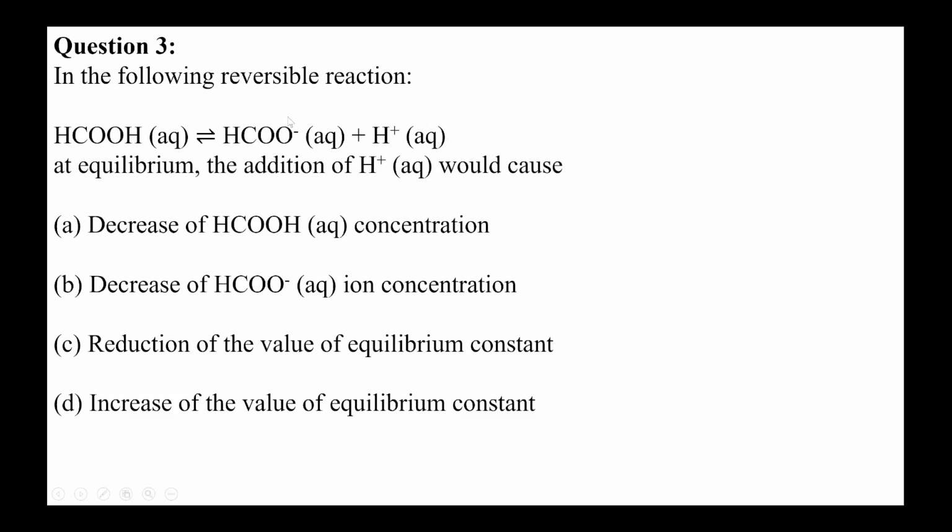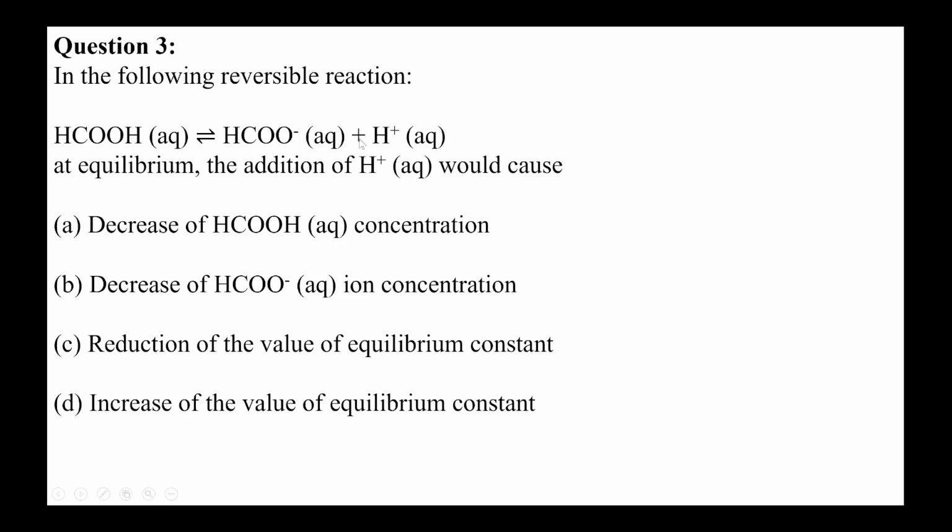Now, if I add H plus at equilibrium, so at equilibrium everything is stable. Whatever amount of HCOOH is forming, the same amount of HCOOH is breaking down into the constituent ions. So there is no net change in the concentrations of reactants and products.